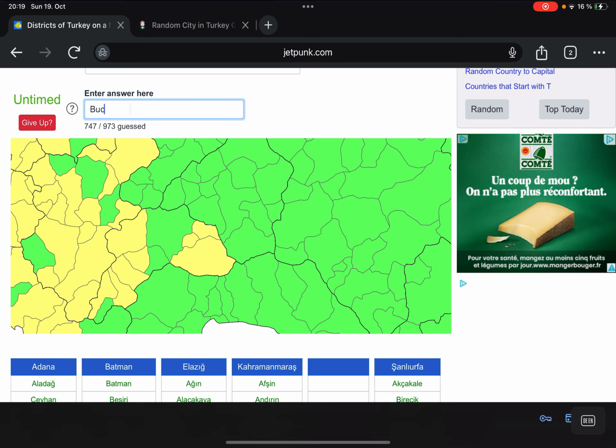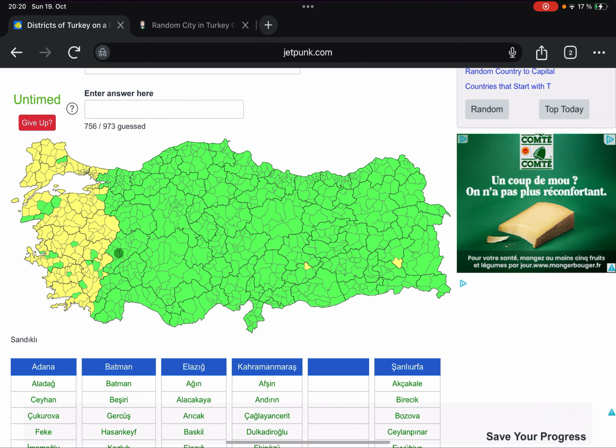So we have Bucak, Ağlasun. We have, this should be Çeltikçi, I think, Yeşilova, Tefenni, Karamanlı, Gölhisar, and Çavdır. Alright, let's pass on to Denizli.